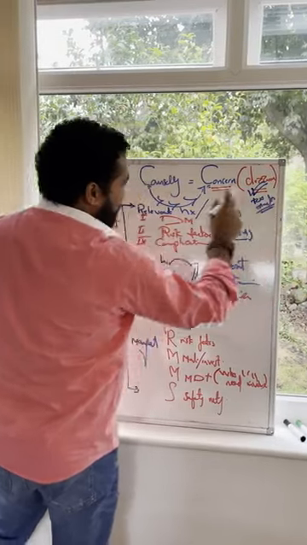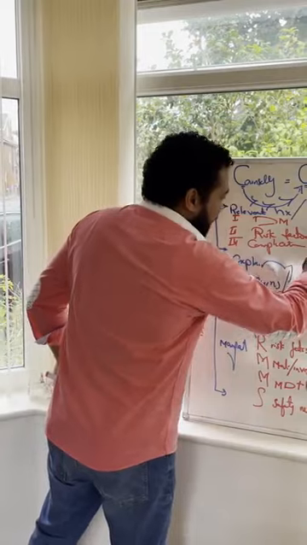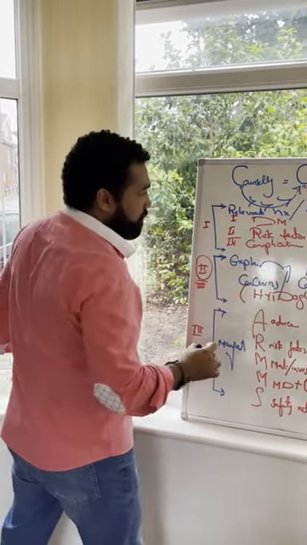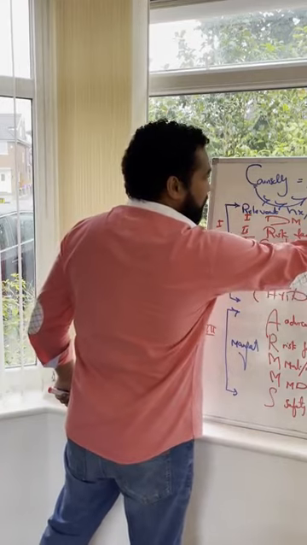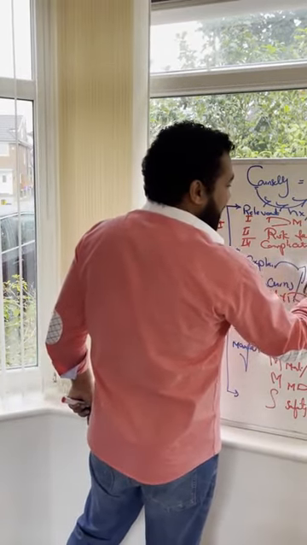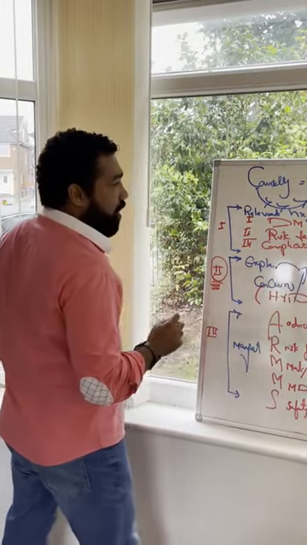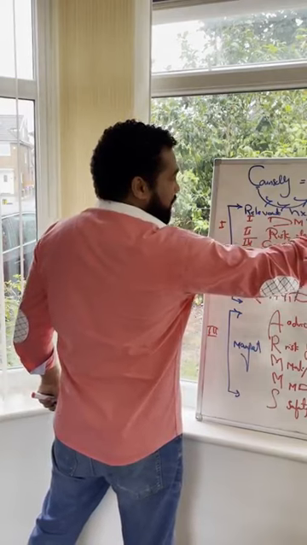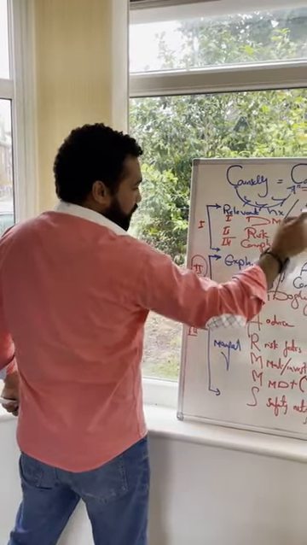And when I asked about diet and exercise, he eats fast food and he doesn't do exercise. So how many factors? 3. Too much insulin, fast food, lack of exercise.